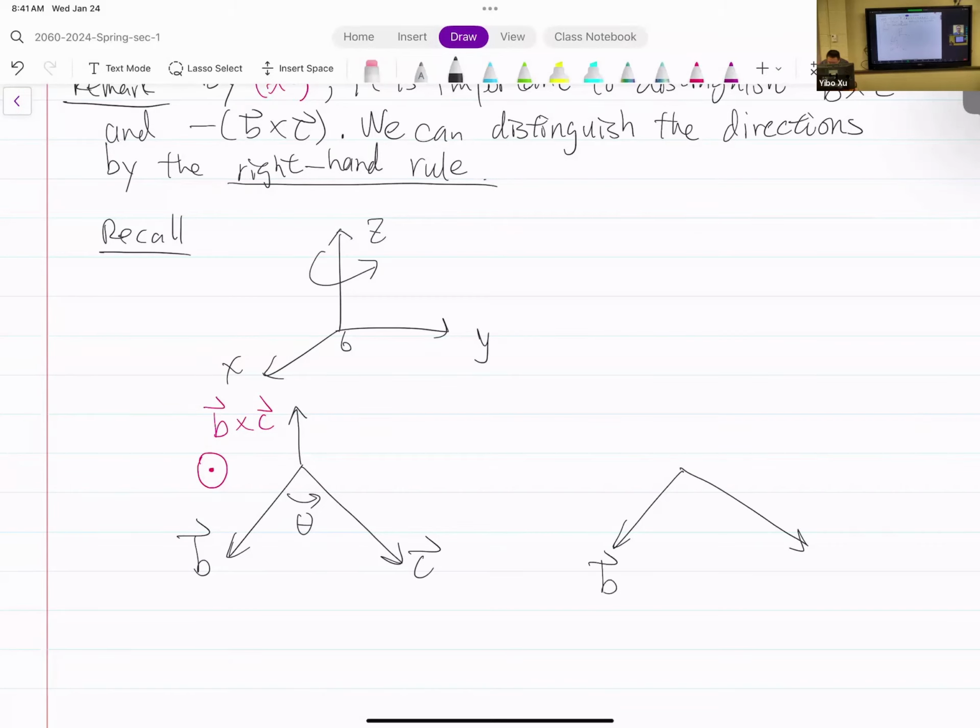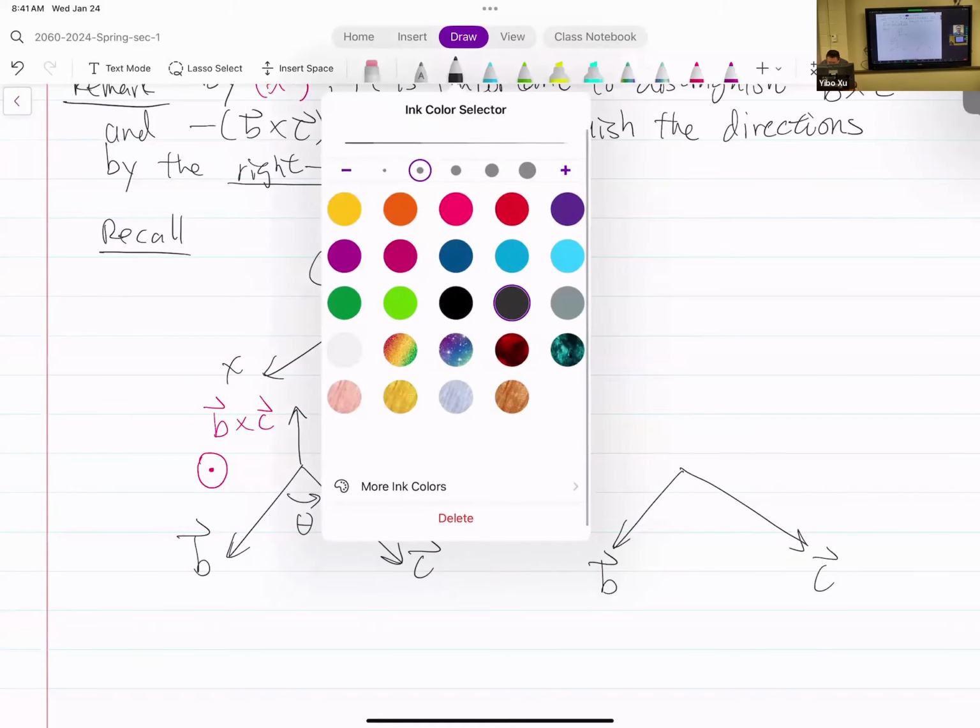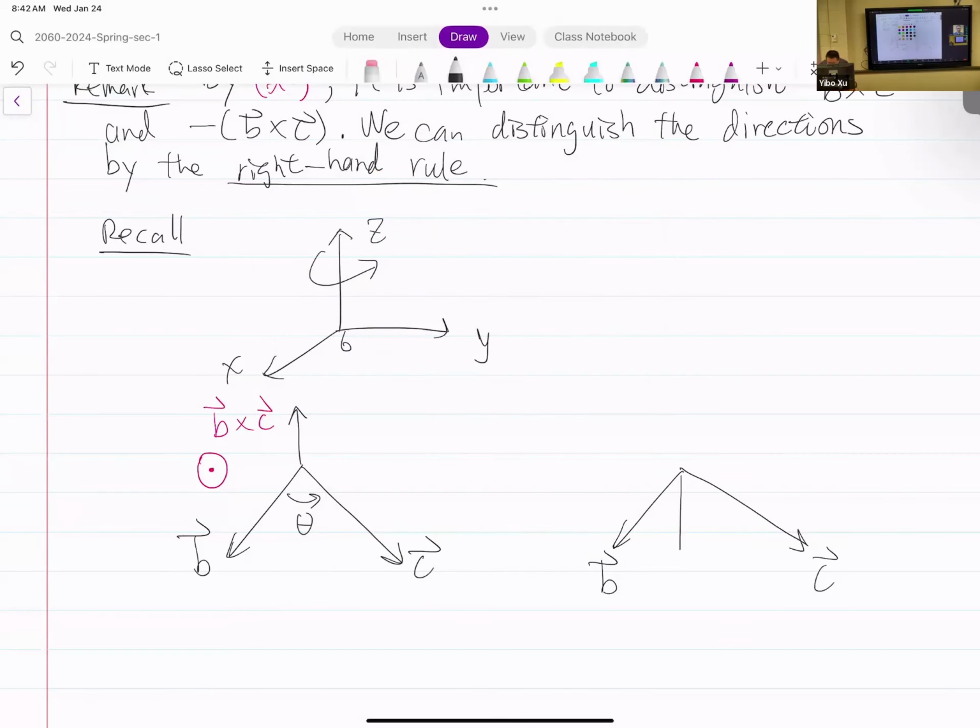And if you choose the opposite direction, that's actually going down. The opposite direction will be the negative of B cross C. Okay. And indeed, this is actually C cross B, if you think about it.